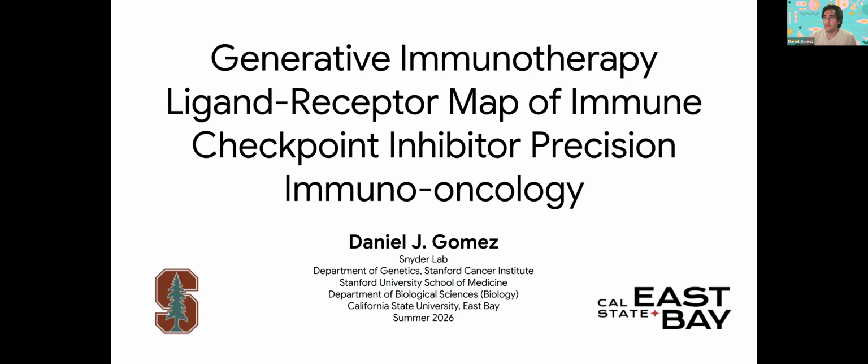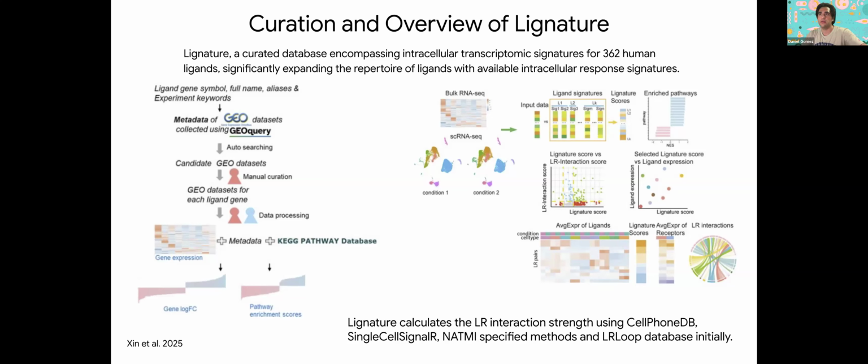Lignature is a curated database that encompasses intracellular transcriptomic signatures for 362 human ligands, significantly expanding the repertoire of ligands with available intracellular response signatures. So there are ligand gene symbols with full names, aliases, and experiment keywords.